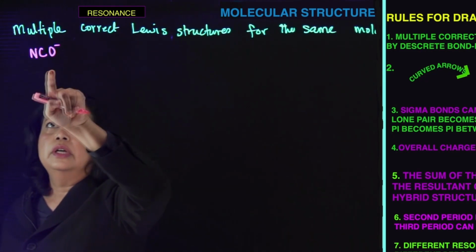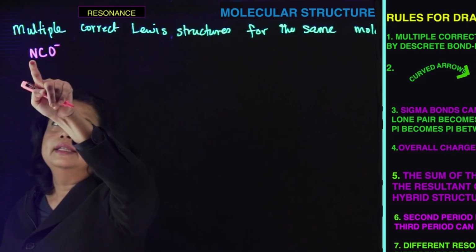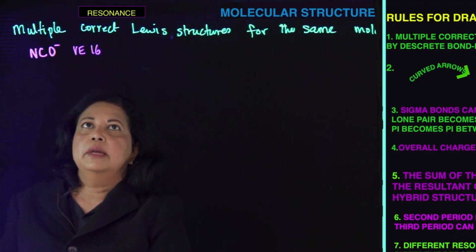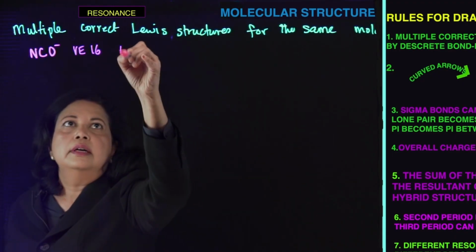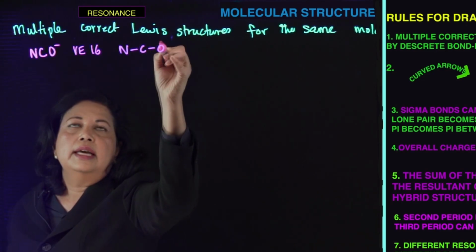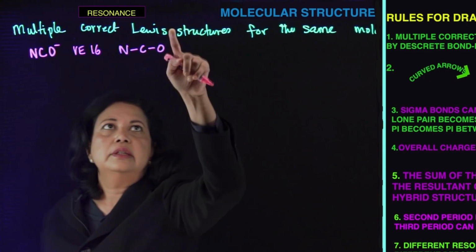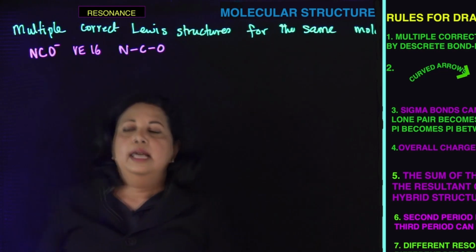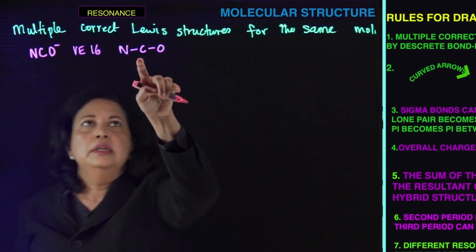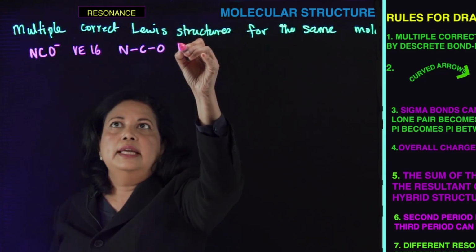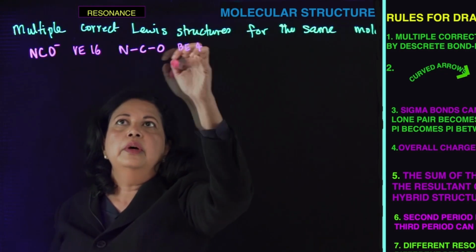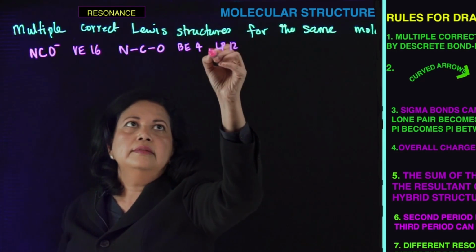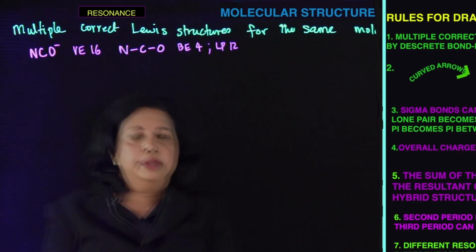Add up the valence electrons, 16, and connect the atoms with the least electronegative in the center, the others holding hands to it. That's 4 bonding electrons, so we have 12 lone pairs left, and we are going to put them around.